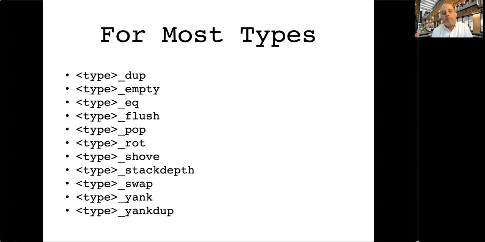But in addition, you probably want to have for every data type, or most data types anyway, some standard stack manipulation instructions. And these are quite similar to basic instructions in languages like Forth, okay? So it's just generally handy in a stack-based language to have a dupe instruction that duplicates the top item of the stack.